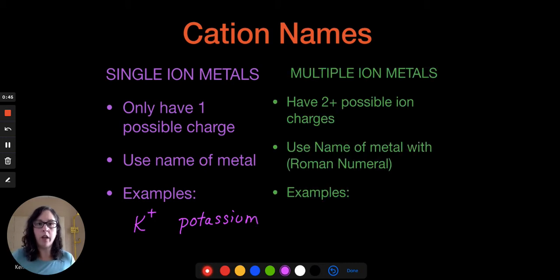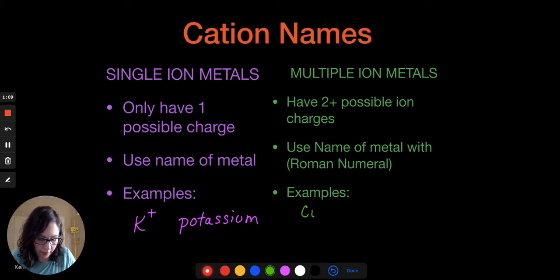Now, if we have what we would call multivalent elements, or metals that can form more than one ion, then we have to use a little bit of a different system, in that we have to designate what the charge on the ion is using Roman numerals. A good example for that is copper.